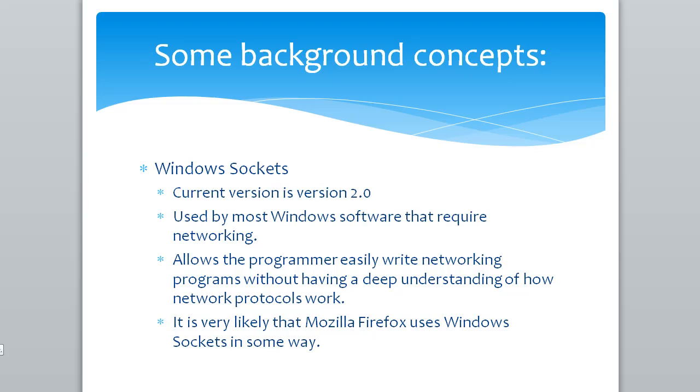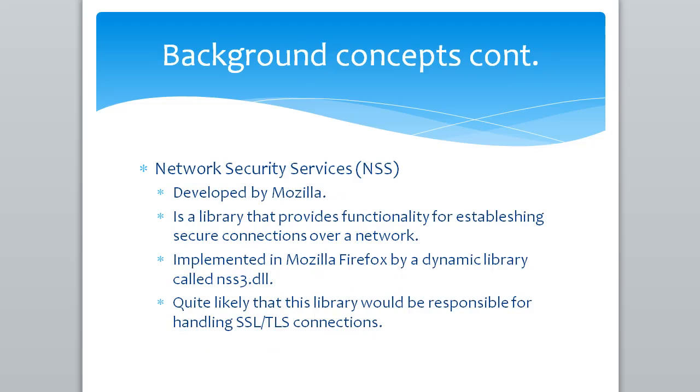The current version is version 2.0, and basically it's used to enable programmers that want to write network applications to have an easier time writing network applications without having to have a deep understanding of how the network protocols work. So it's quite likely that in some way Mozilla Firefox also uses Windows sockets.